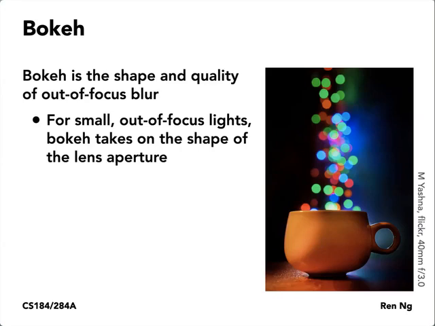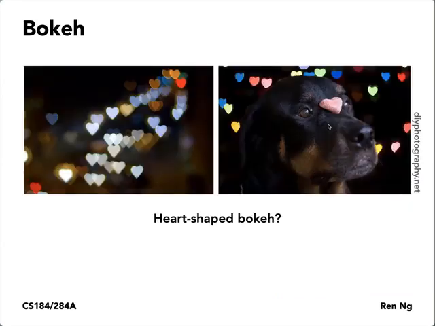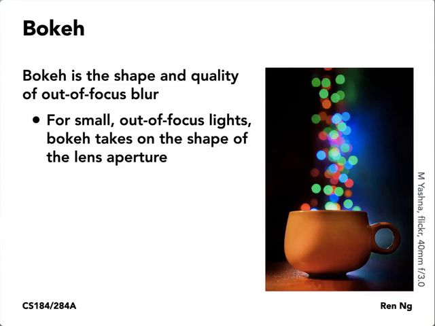But that's what bokeh is, the quality and shape of these. Bokeh is often looked at when you have a lens where the iris inside the lens is created with a mechanical metal structure that, as it twists, will close down in a spiral shape, typically to close down the aperture. Okay.